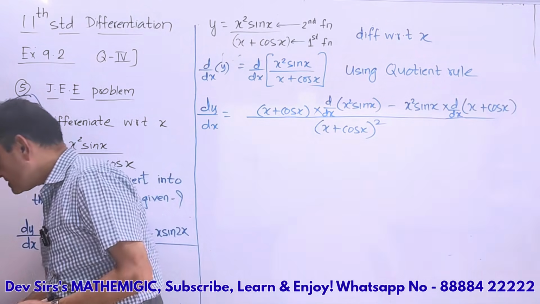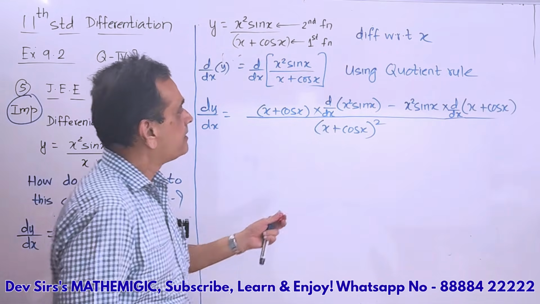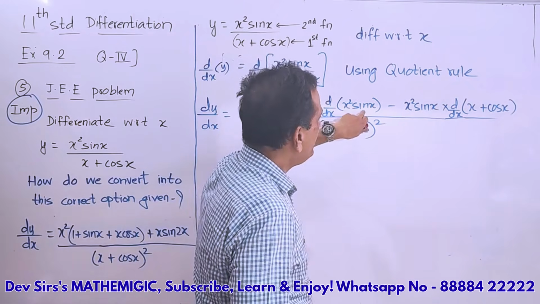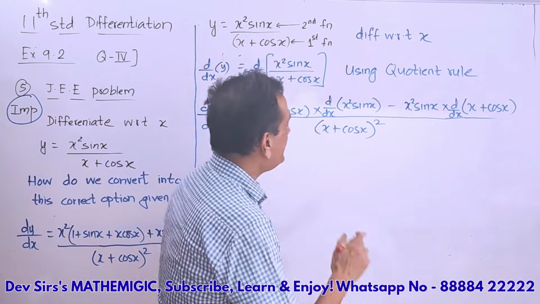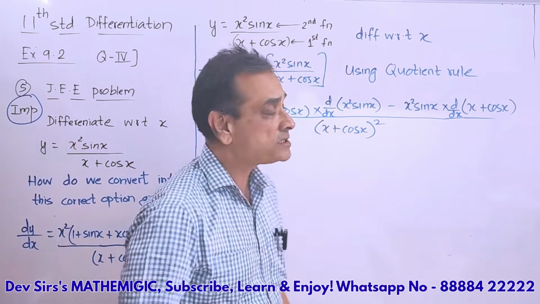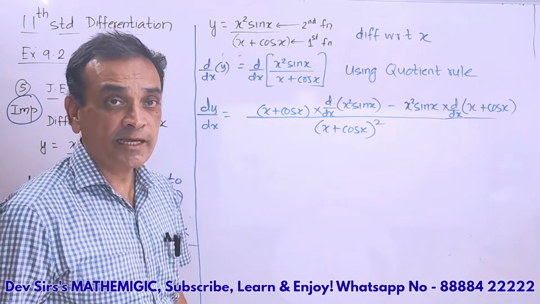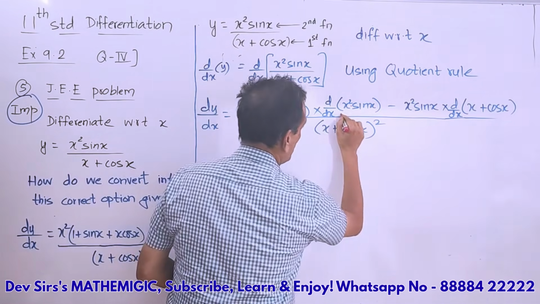Now the important thing is derivative of x squared into sin x. Don't say d by dx of x squared into d by dx of sin x. No, because you have a multiplication sign here. So multiplication sign here means you are taking derivative of the product.